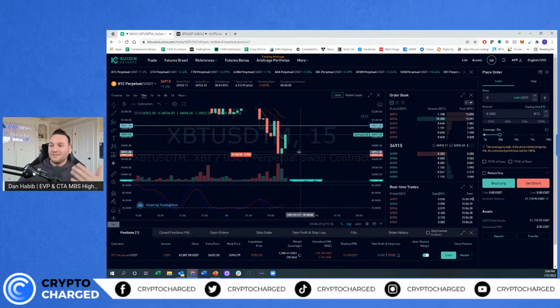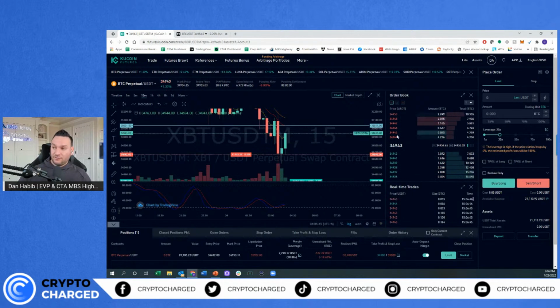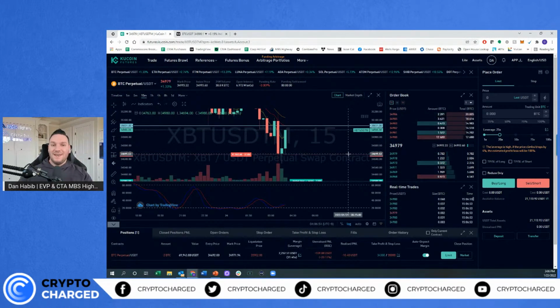There can be something called slippage, where maybe it shows you that the price on KuCoin is 34,916, but maybe that's only for the closest price, meaning maybe there's only like 0.1 Bitcoin available at that price. And if I'm trying to fill 2 Bitcoin worth, I actually am going to get this order, this order, this order, this order. You actually have to go up the order book in order to do this, and you could certainly not get the profit or get the loss that you were expecting.